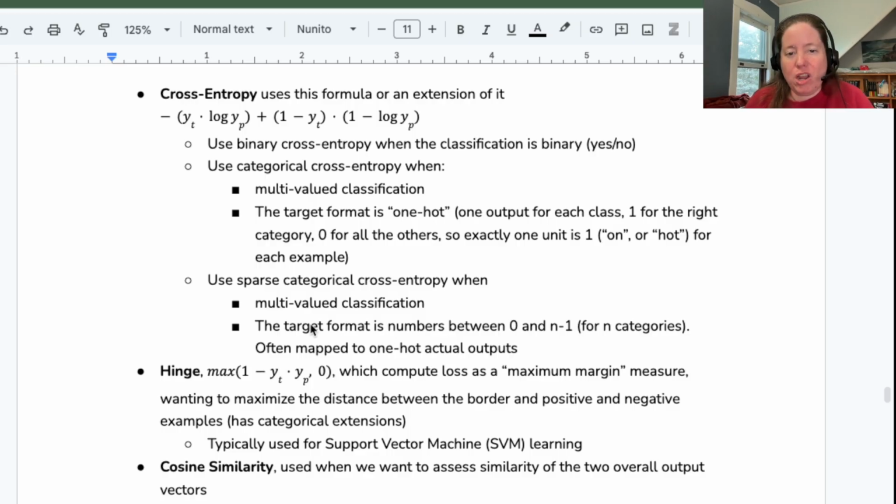So we'll have the target formatted as a number between 0 and n-1, the index in our vector where it should be a 1, and all of the others are assumed to be 0. As we get into deep learning later on, you should come back and look at this again, because it's really an important distinction when you're training, to make sure that you're providing the correct targets for your model.